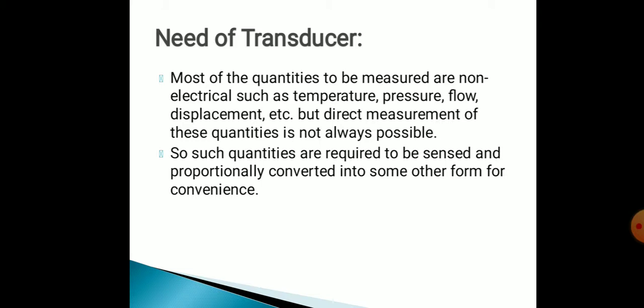These quantities are generally converted into electrical quantities such as current, voltage, capacitance, etc. The electrical data so obtained is easy to handle, convert and store. Electrical transducers are thus more popular for this reason.